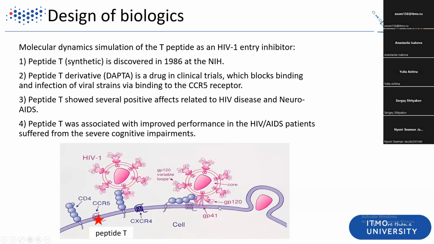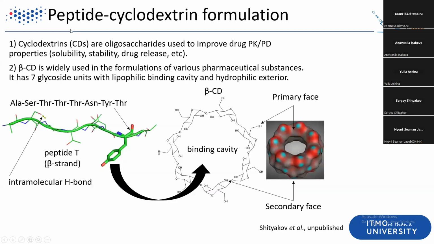So these are the main peptides which would interact with this receptor, and the co-receptor helps to get the perfect alignment of the CD4 with the GP120 variable loops. And the project was related to the pharmacokinetics of the T-peptide, where we were trying to formulate it to improve its stability and solubility.